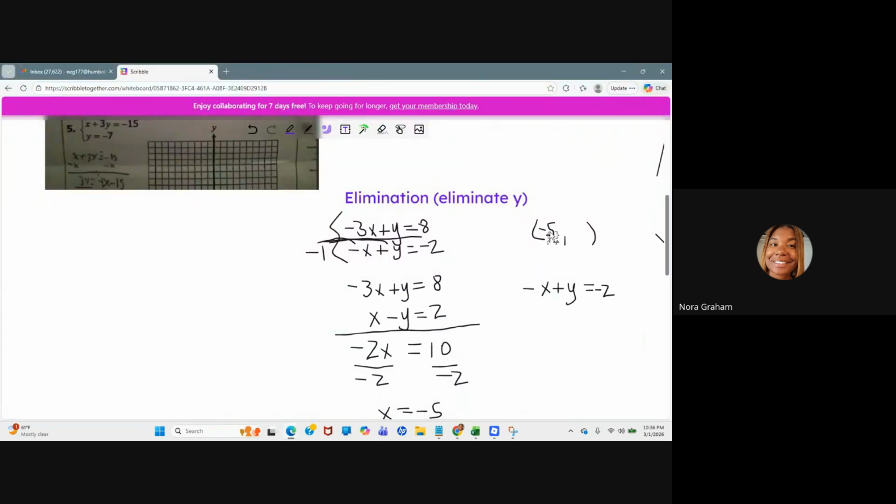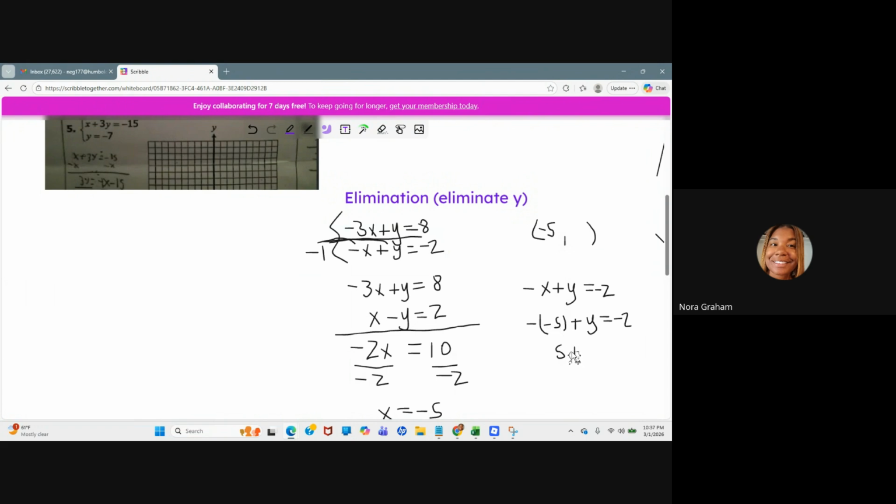So everywhere I see an x, I'm going to put in my -5. I like to put parentheses when I have two negatives to remind me that when you multiply two negatives together, they cancel out. And then plus y, and that's going to equal -2. Those negatives cancel out. Negative times a negative is a positive.